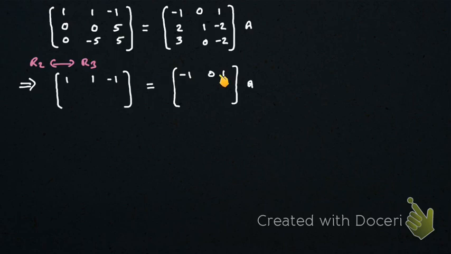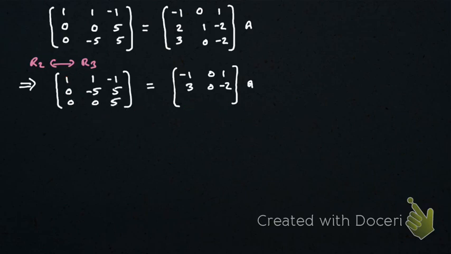So R1 is copied the same, it stays the same. And I'm interchanging R2 and R3. So R3 I pick up and write it in R2's place. 0 minus 5, 5. 3, 0 minus 2 is going to be in the second row's position. And now the second row will go to the third row's position.